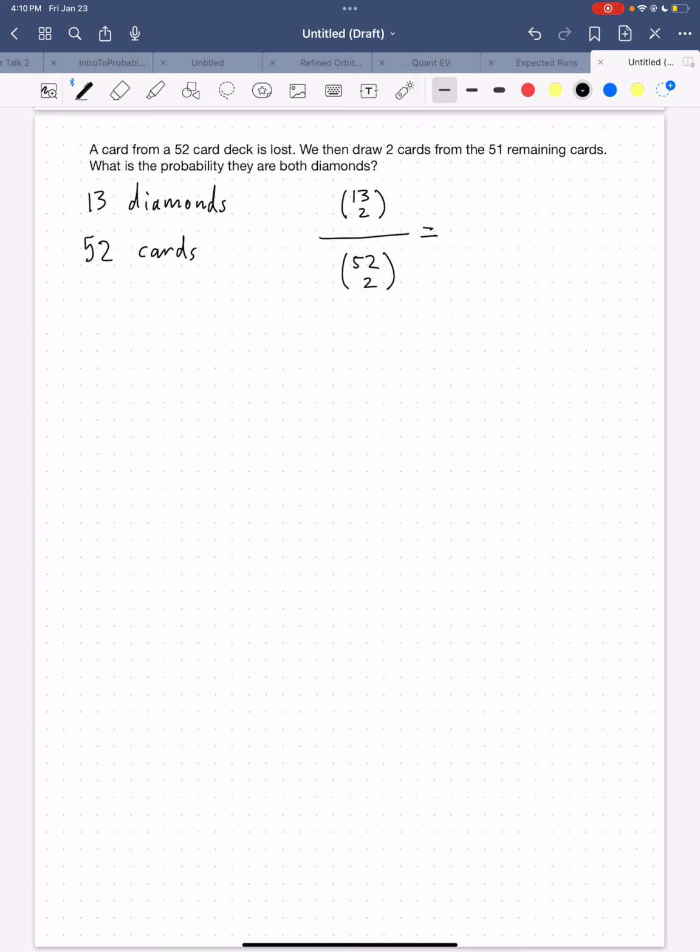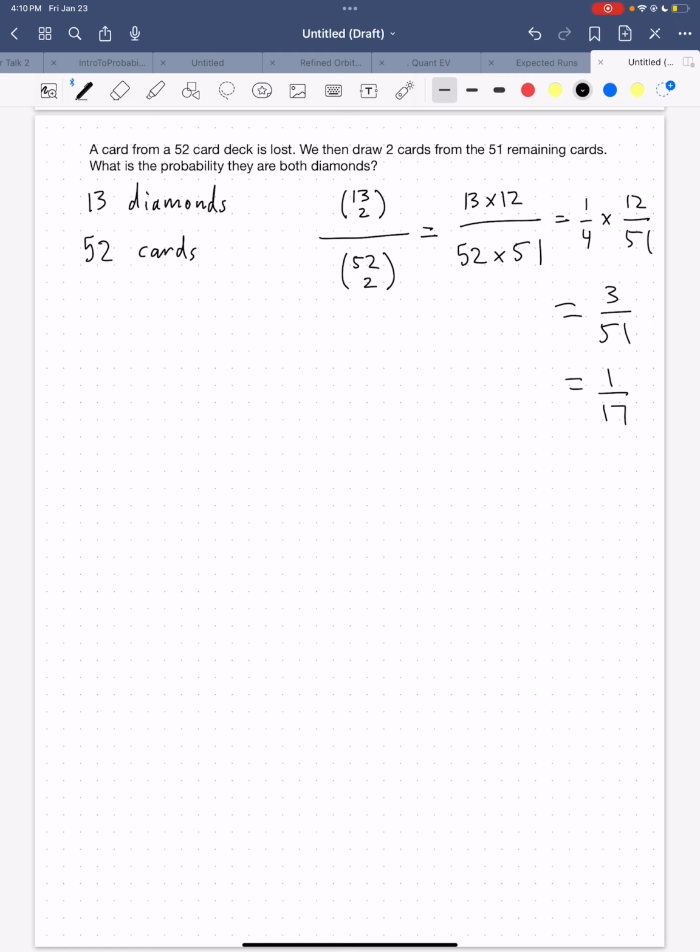And so if you write this out, you get this expression. The 2's will cancel out, and that gives you, let's see, 13 over 52 is 1/4, so 1/4 times 12 over 51, which is 3 over 51, which is 1 over 17.